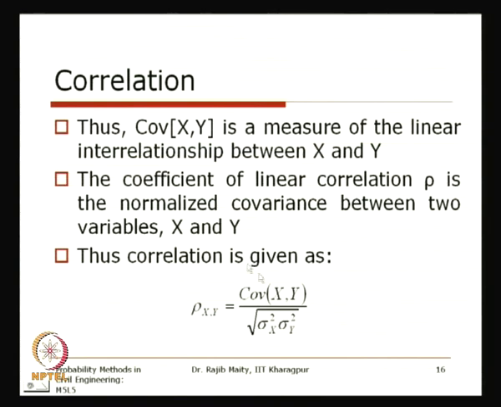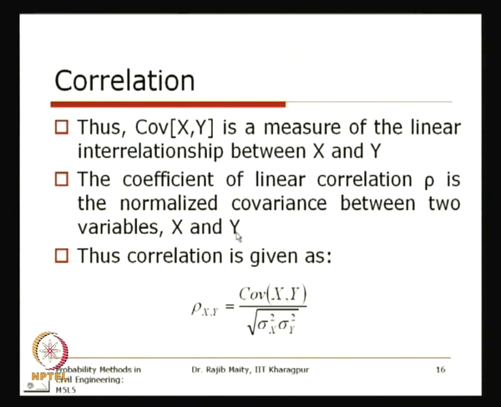This is how we show that the covariance of x and y is a measure of their linear interrelationship. The coefficient of linear correlation, that is rho, the correlation coefficient, is the normalized covariance between two random variables x and y.